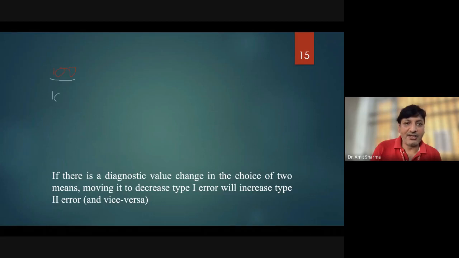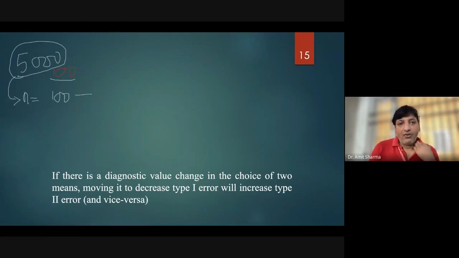The total population is 5,000 students studying in a college, and from there we have calculated the sample size and it was found to be 100. Now who will be these 100 students?